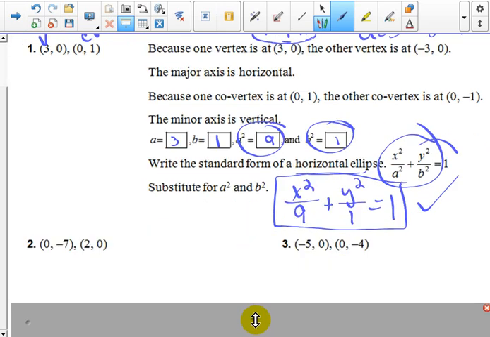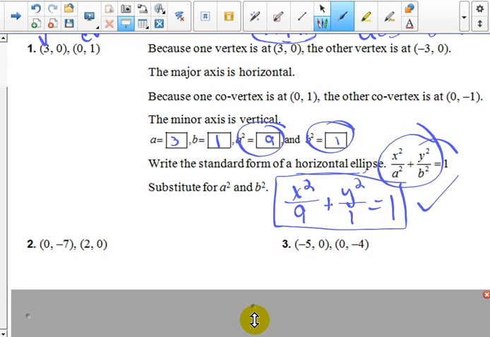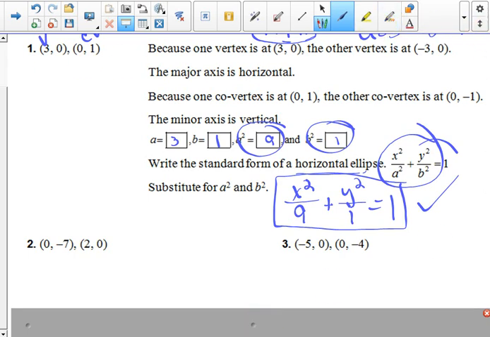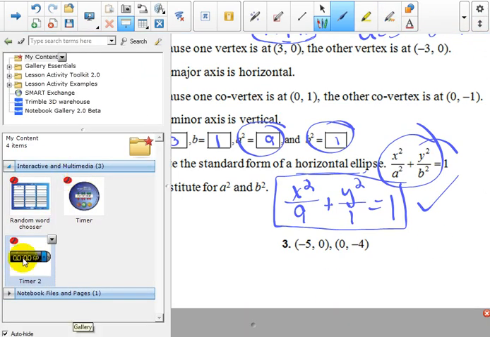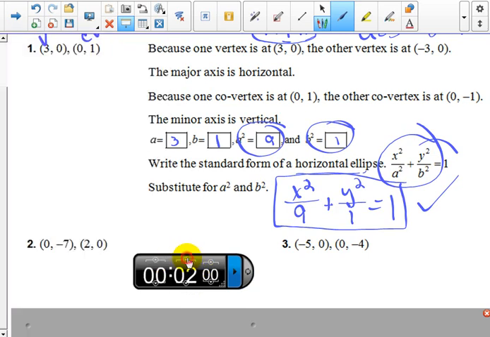Now let's take 4 minutes, and I want you to work number 2 and 3. Let's start that now.